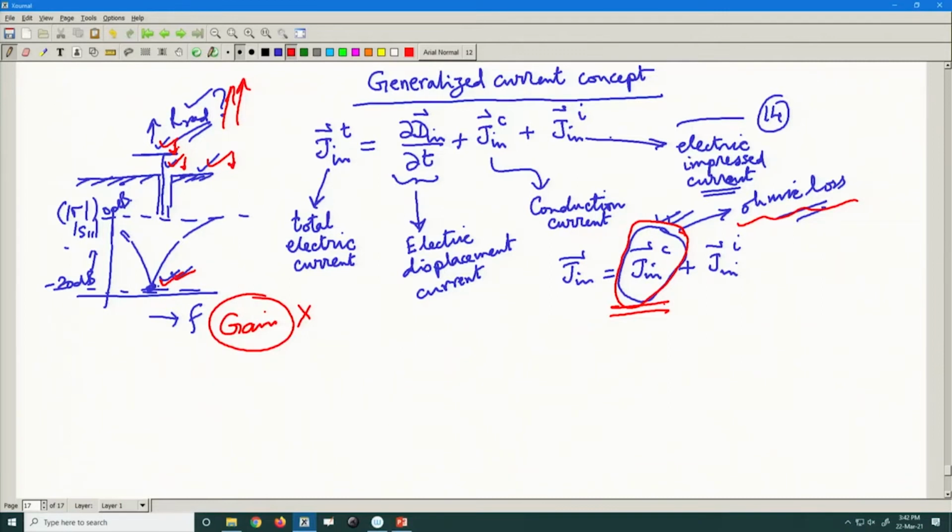Because of the symmetry of Maxwell's equations, we are going to consider this term del B in del T as the magnetic displacement current. We call this the magnetic displacement current.